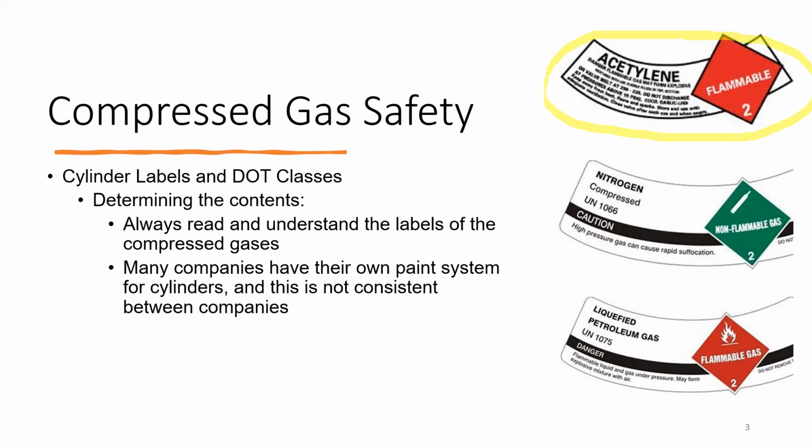You will find where some of the different types of labels are going to have a UN number on there. Like on the second one here for nitrogen, UN 1066, and of course for the liquefied petroleum gas at the bottom, the UN 1075.